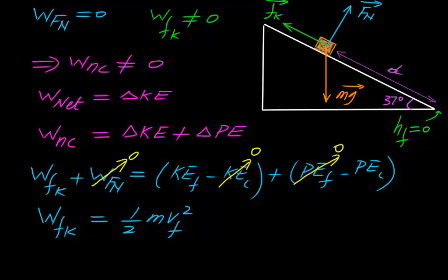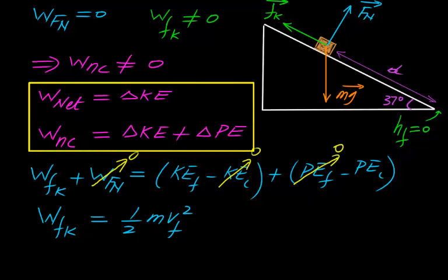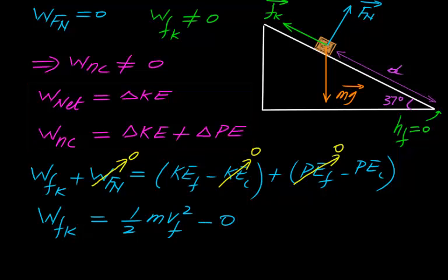And once the speed is given to us, the best approach is always to use either the work done by the net force or the work done by the non-conservative forces, minus the 0 that comes from the kinetic energy initial, plus the 0 here that comes from the potential energy final, minus the potential energy initial, which equals mg h initial. The only quantity that is left for us to evaluate now is the height initial, which is this point here where the mass started to move.